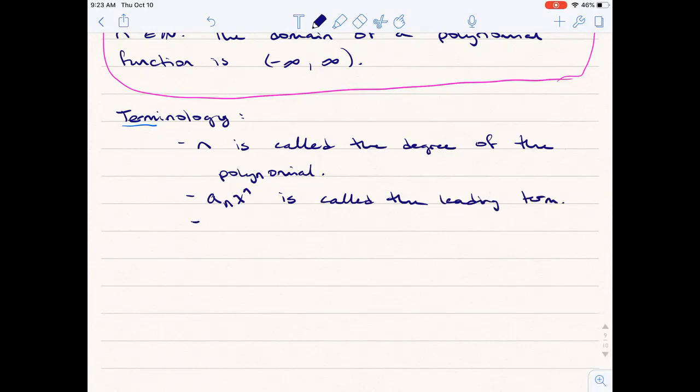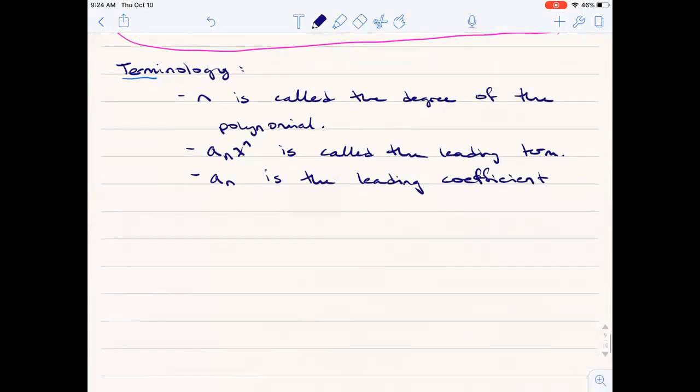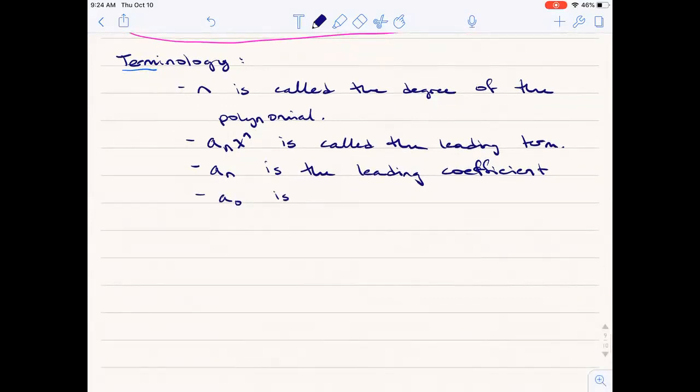You could probably guess that a_n is the leading coefficient. And a_0 is the constant term.